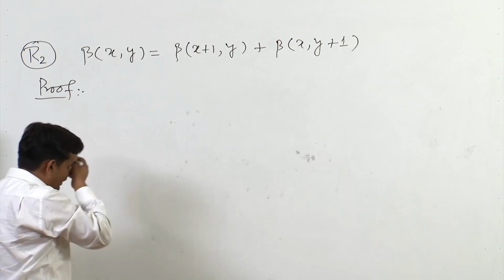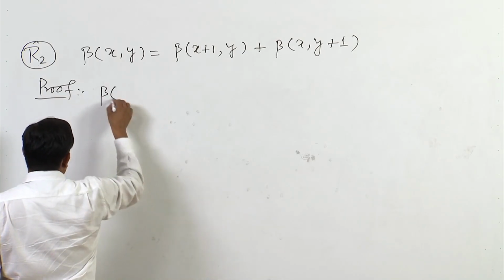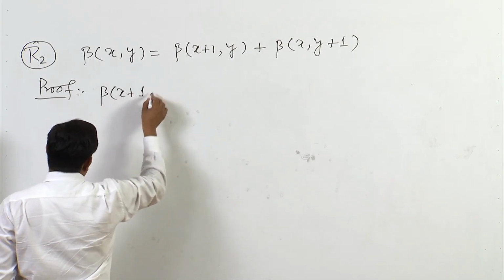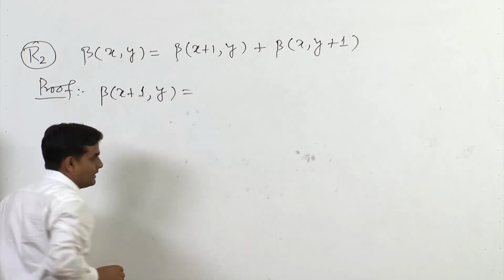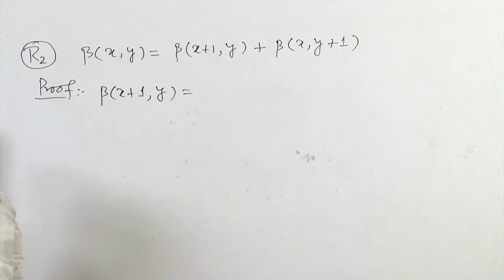So, again I will use the identity 2 of the beta function.